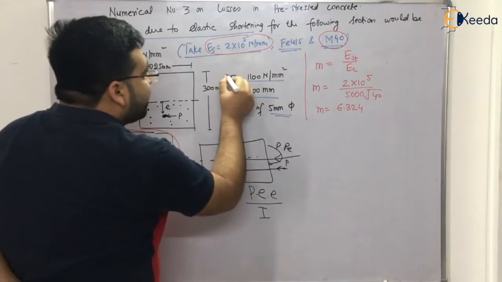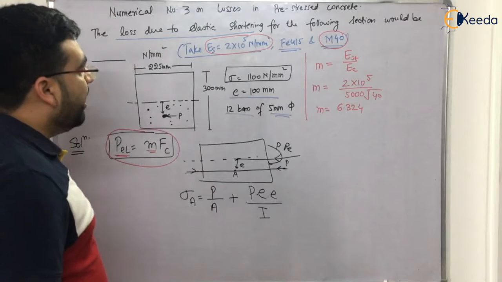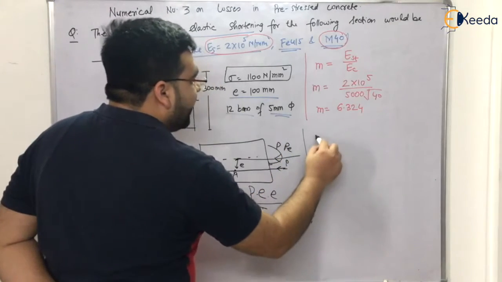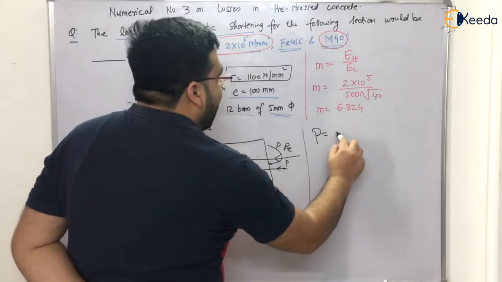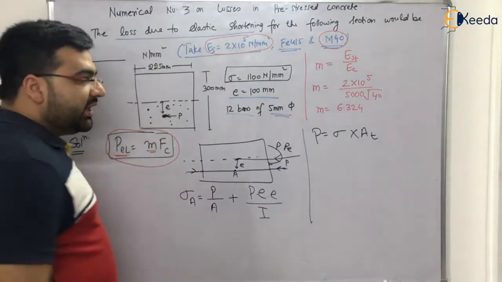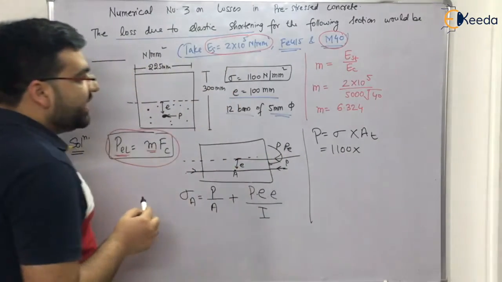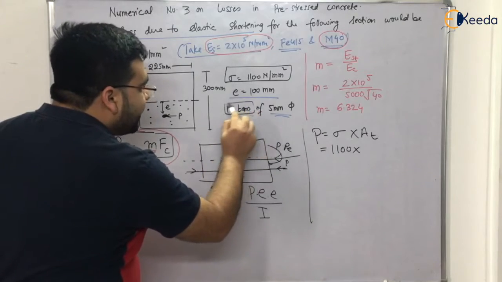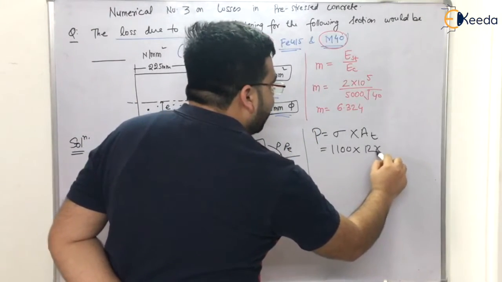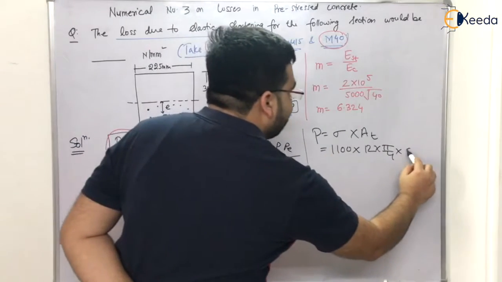How much load is there on the tendons actually? What is the stress in tendons? It is given as 1100 Newton per mm square. To calculate P, I multiply stress with the area of tendons. The stress is 1100. The area of tendons is 12 bars of 5 mm diameter, so 12 into pi by 4 into d square, with d as 5.